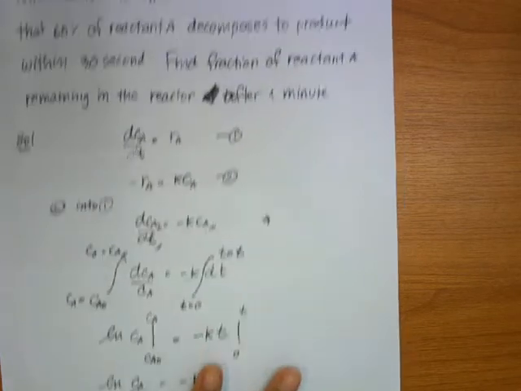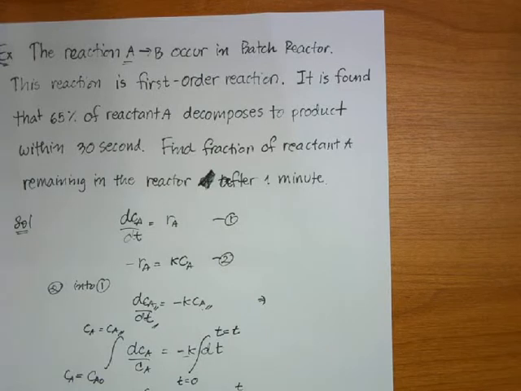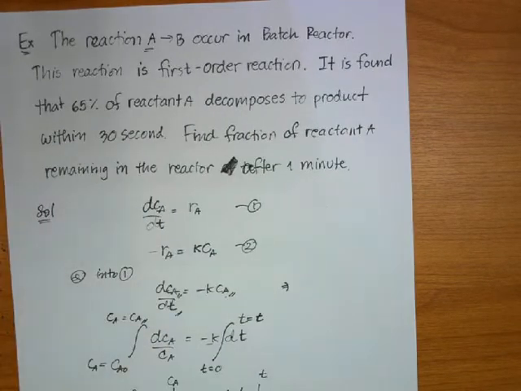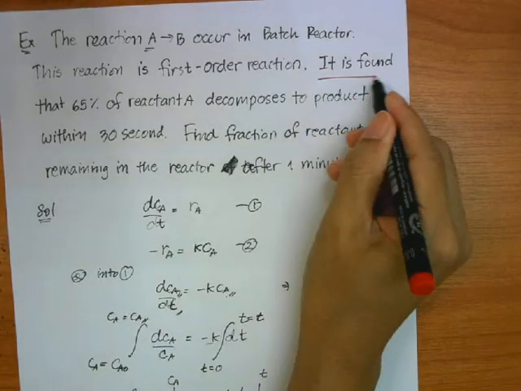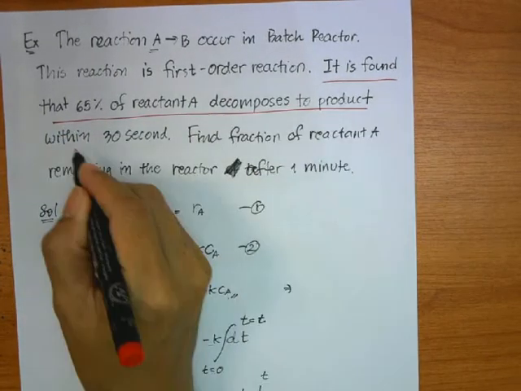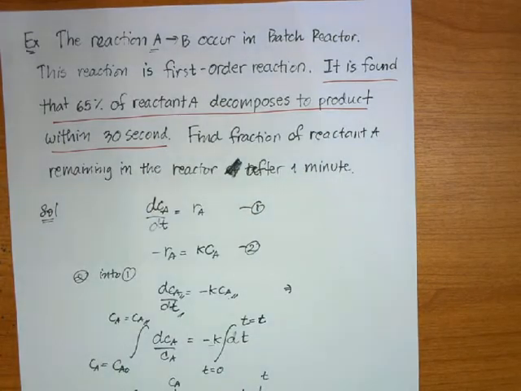But there's a part of the problem statement leading us to find K, which is the one I underlined there. It said that 65% of A decomposed, so that means how much of A is still left in the system?